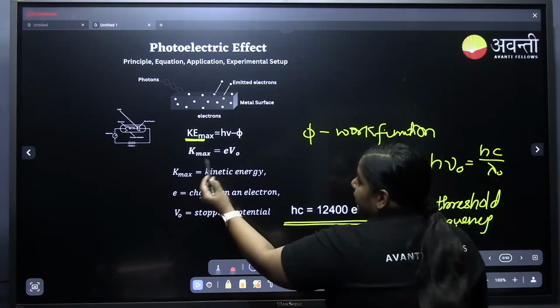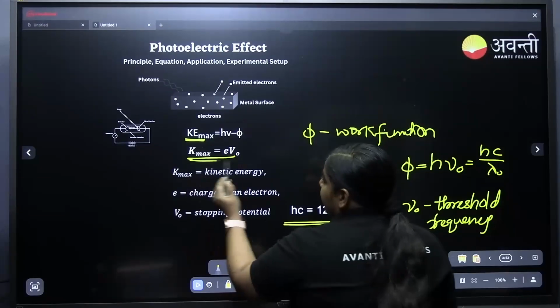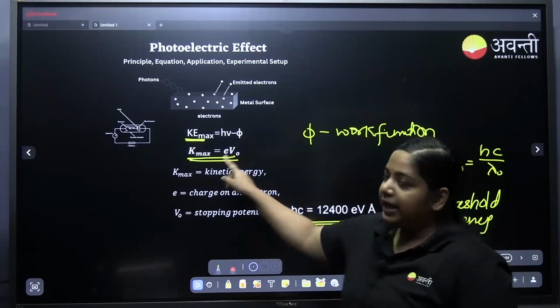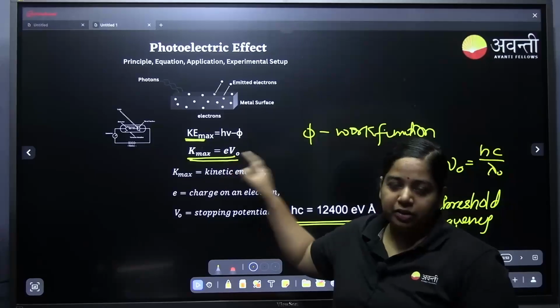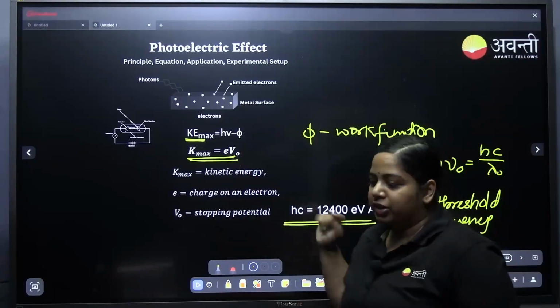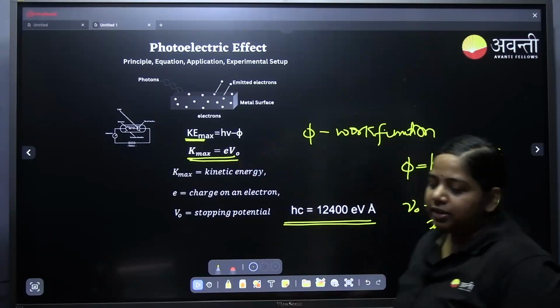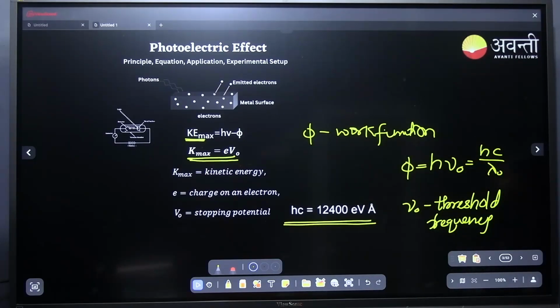Then another equation for kinetic energy is equal to e V naught. E is charge of electron, V naught is stopping potential. So these are the formulas related to photoelectric effect. Do you have any doubt?